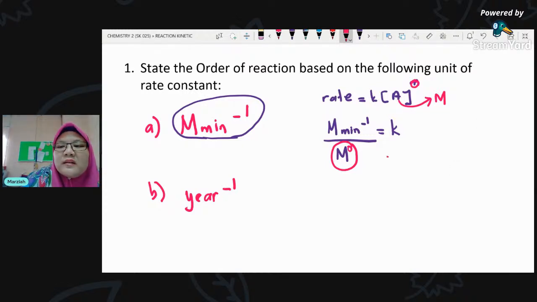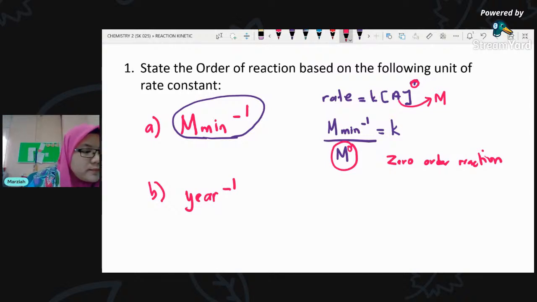So we say A is an example of a zero order reaction. This is how we solve the problem.